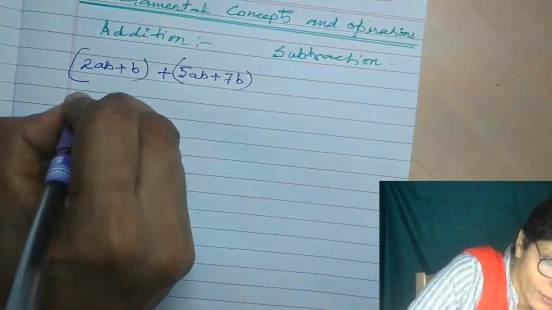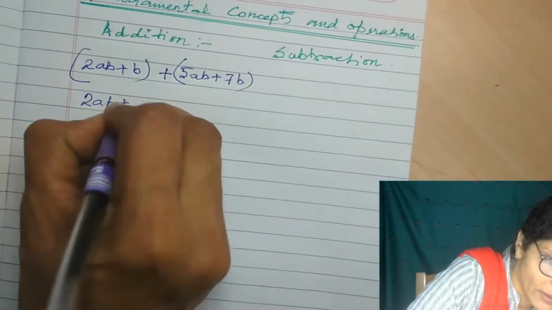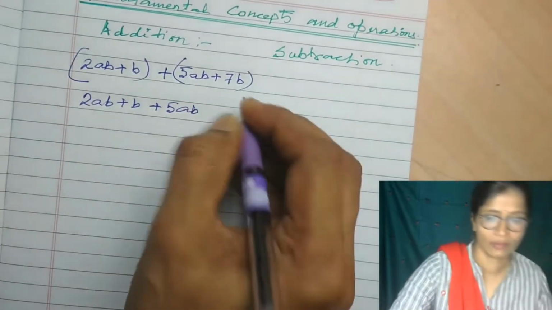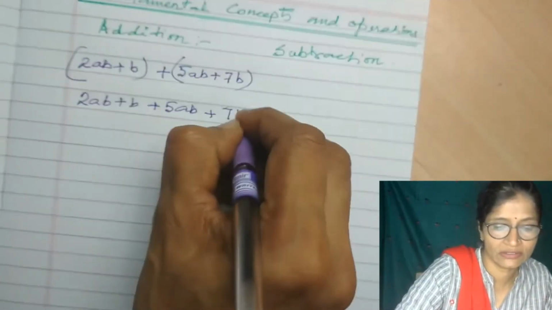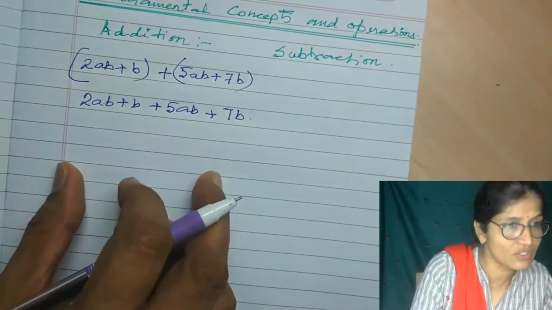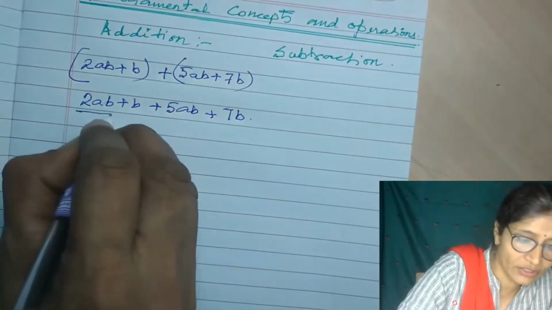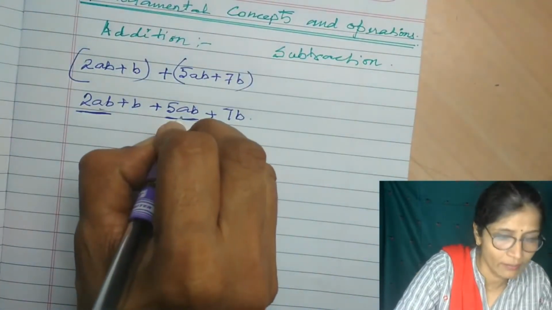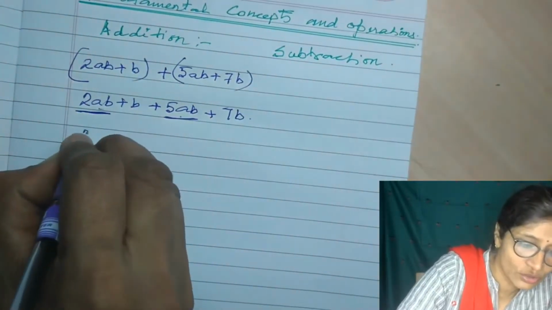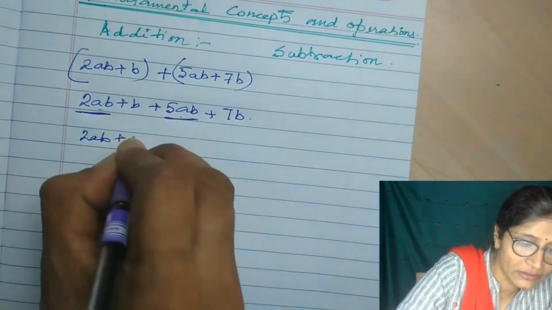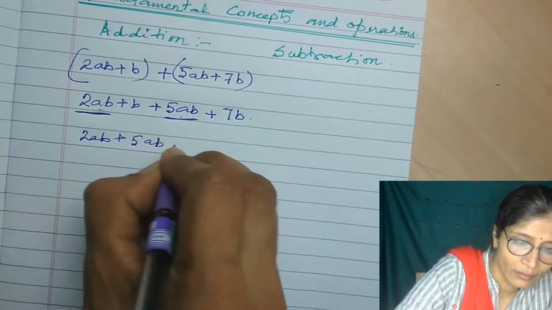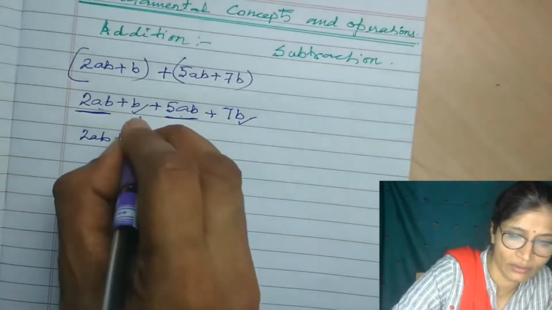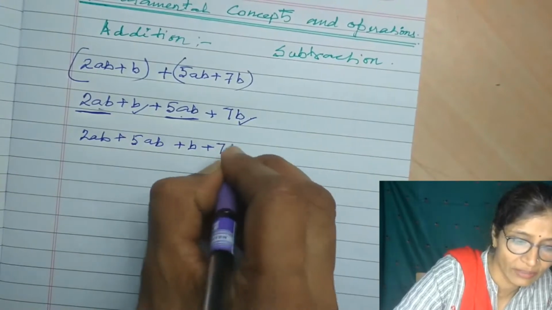First you open it: 2ab plus b plus 5ab plus 7b. Collect the like terms together. The like terms are 2ab and 5ab, as the literal coefficient ab is the same. So 2ab plus 5ab plus b plus 7b.